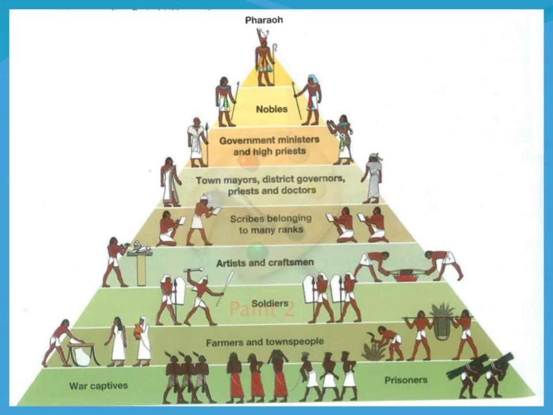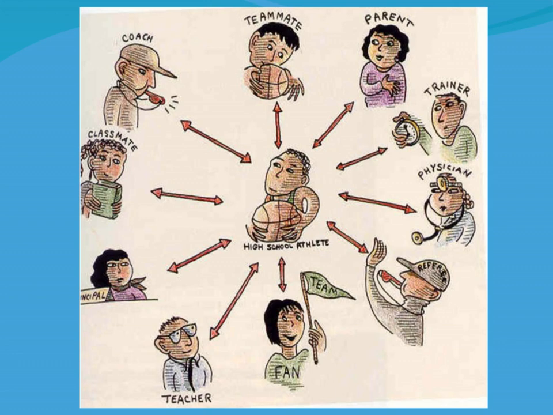Are you familiar with the picture? If you are fond of reading or watching ancient stories, you will know what it is all about. Try to imagine you are the one in the middle. Who do you think are the people around you? What do they do in your life?